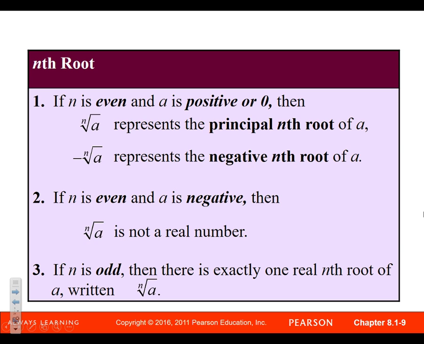Now, if n is even and a is negative, then it's not a real number. I think you guys talked about this in Algebra 3. What do we actually call that number?